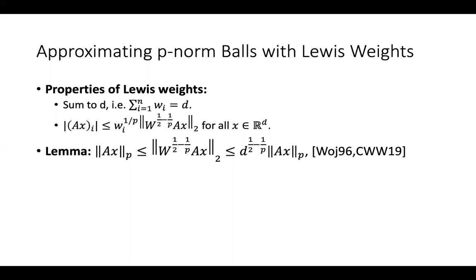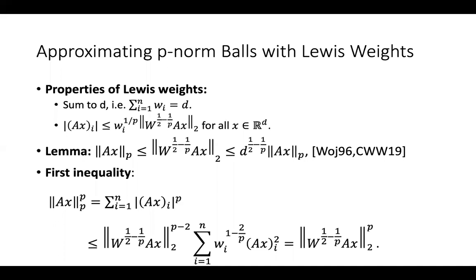Now, the important lemma is that if the diagonal matrix D is W to the 1/2 minus 1/p, then the induced ellipse norm is at least the p-norm of Ax and at most d to the 1/2 minus 1/p times the p-norm of Ax. This was known previously, but I still want to present a nice proof of it to give some intuition for why these properties of Lewis weights are important.